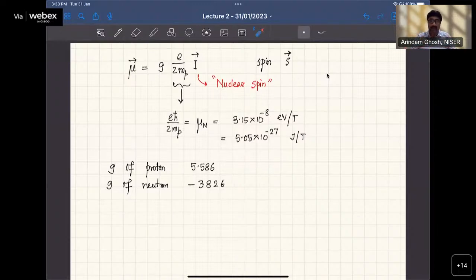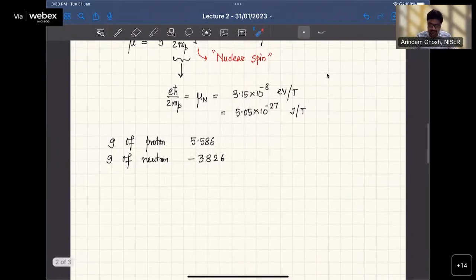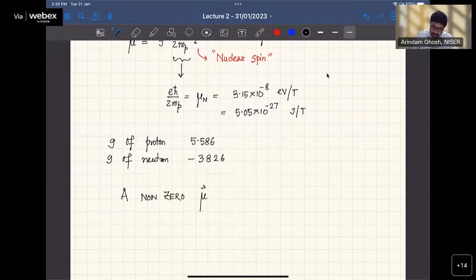What I need in NMR, because this course is about NMR spectroscopy and not nuclear physics, is that we should have a non-zero mu. As long as a nucleus has a non-zero mu, that means it is acting like a tiny magnet, and we are happy.